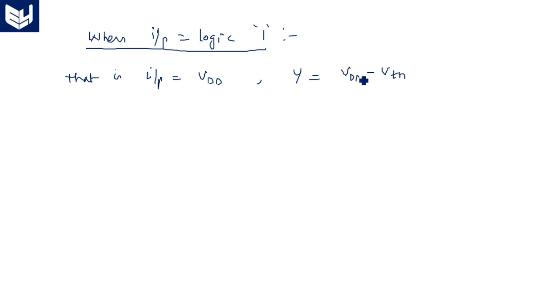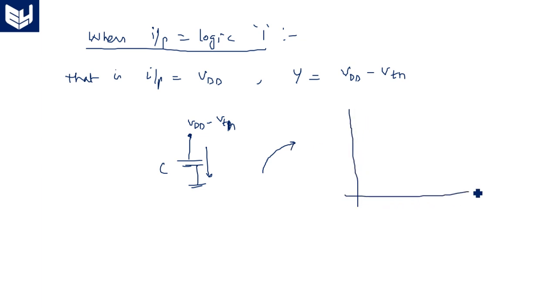Okay, now the capacitor has to charge up to this voltage, because this is the amount of voltage appearing, VDD minus VTN. So what happens? The capacitor slowly charges. We can draw a voltage curve.